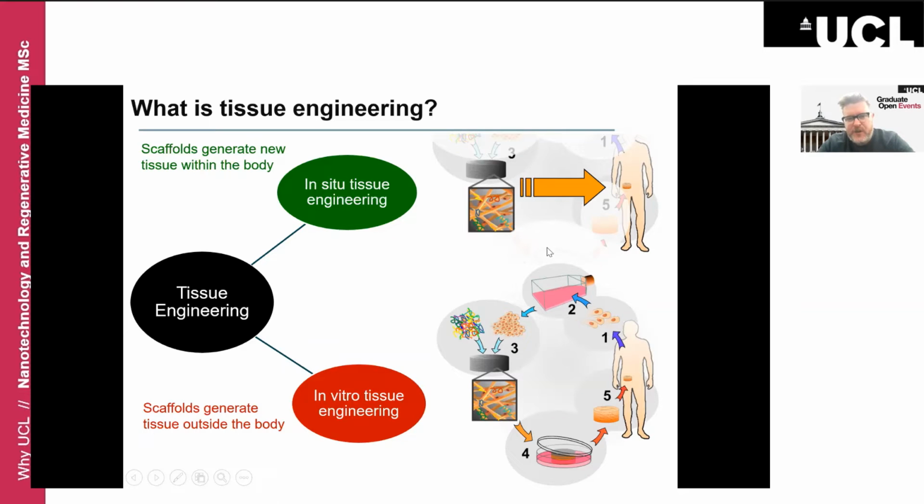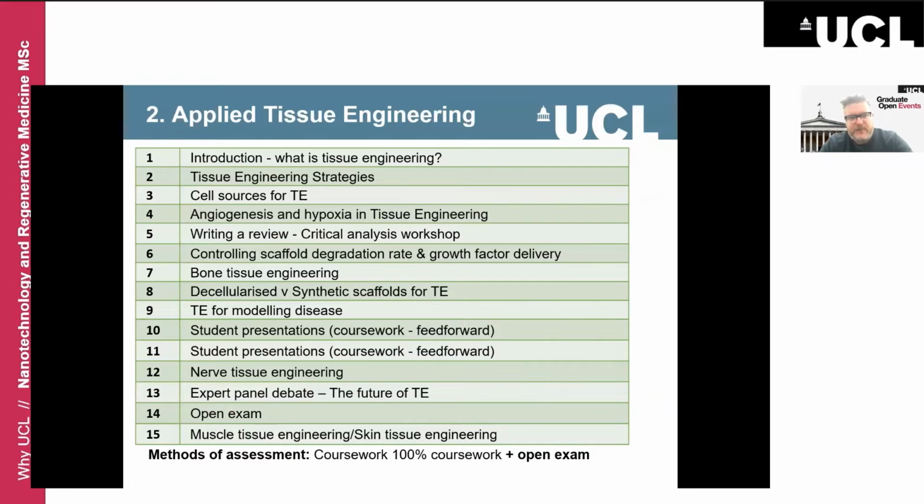And perhaps a newer approach is in situ tissue engineering, where we have a material which we put directly in the body that's been functionalized in a certain way to change the behavior of the cells surrounding it after implantation, to encourage regeneration in situ. We also have a number of people talking about nerve tissue engineering, or their speciality, bone tissue engineering for modeling disease, which is very interesting.